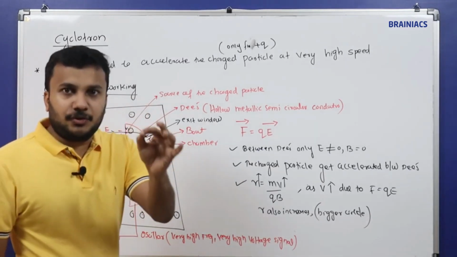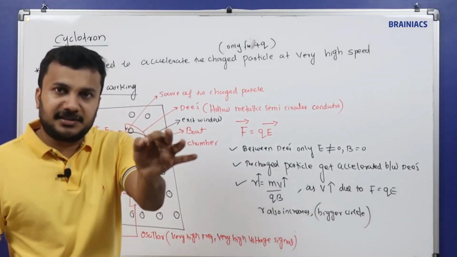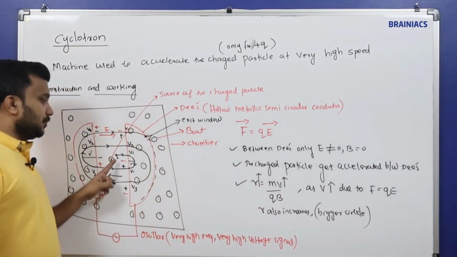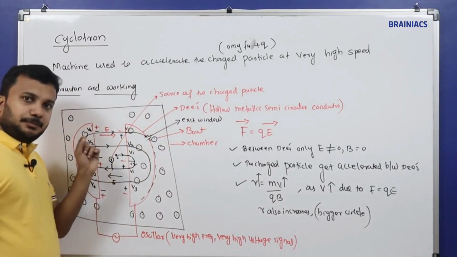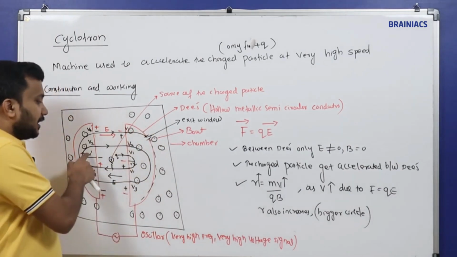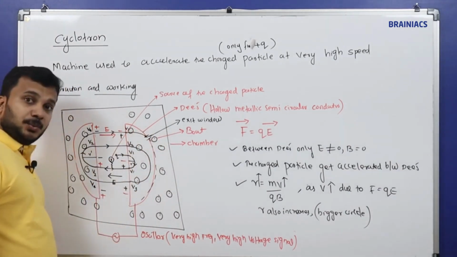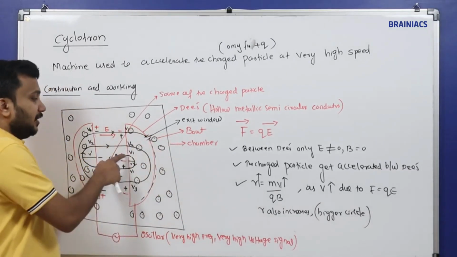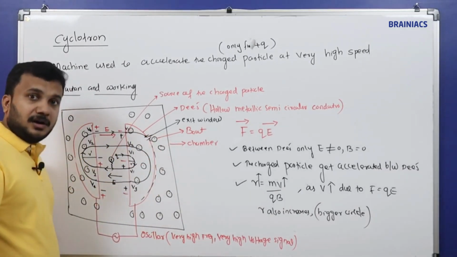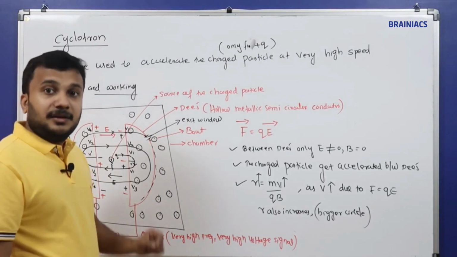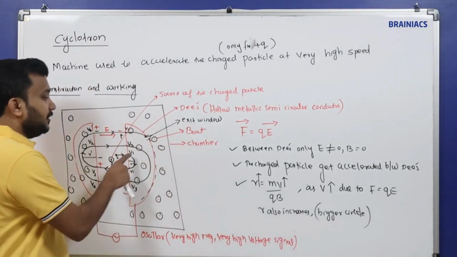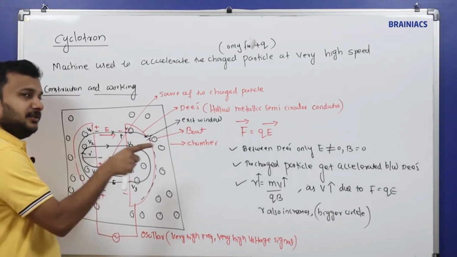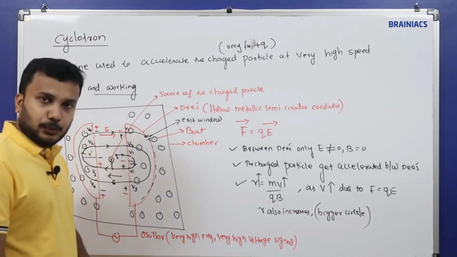Whatever I am telling, you have to pause the video and write it as a sentence. So the source produces the charged particle, accelerated between the disks. Then it will undergo circular motion within the disk with constant speed. Within brackets you can write V1 equal to V2.